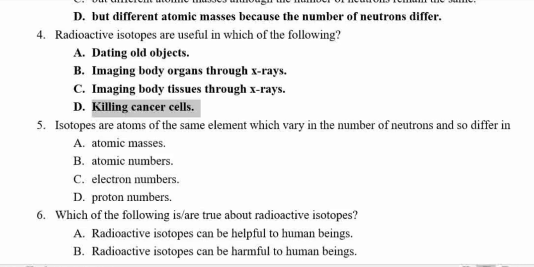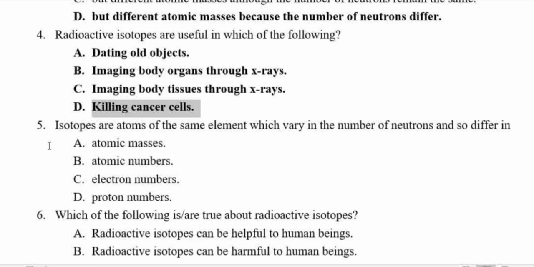Then question number 5 is asking again about isotopes. It says, isotopes are atoms of the same element which vary in the number of neutrons and so differ in. Okay, so now we know that isotopes are atoms of the same element, okay, and that they vary in number of neutrons, and therefore they vary in what again?